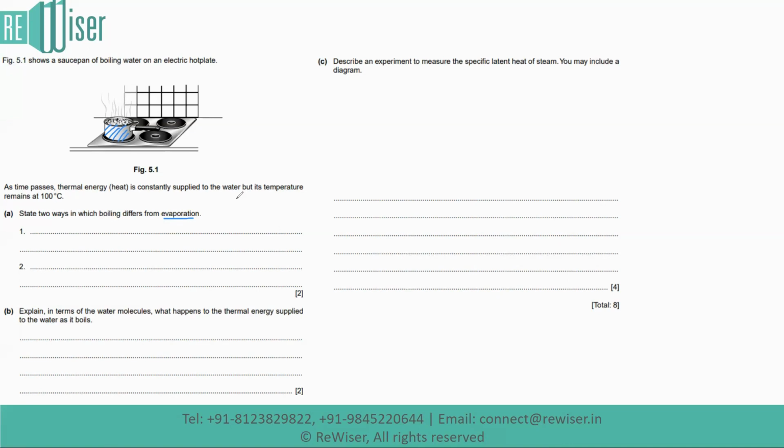Moving on to part B, explain in terms of water molecules what happens to the thermal energy supplied to the water as it boils. Now, as the water boils, or as water is supplied with energy, the energy transfer occurs between different layers of water molecules, and consequently, this energy that is supplied helps break the intermolecular bonds or forces.